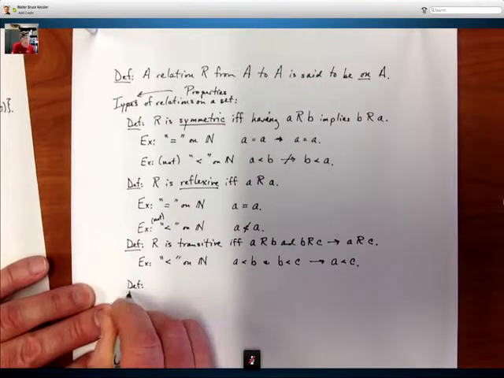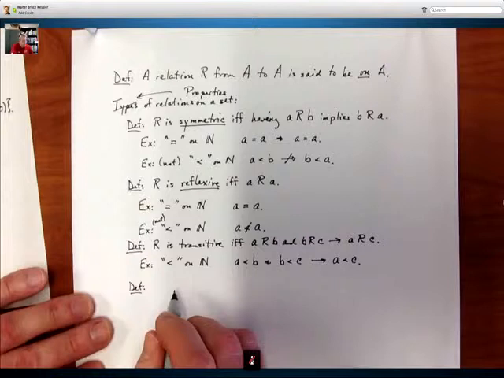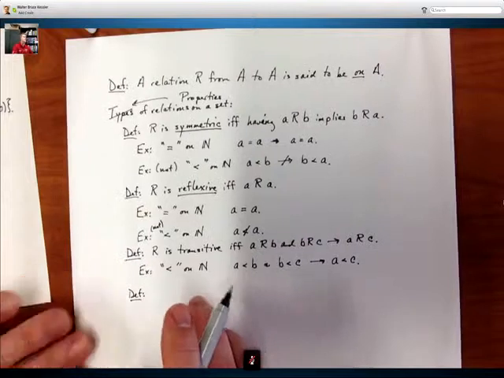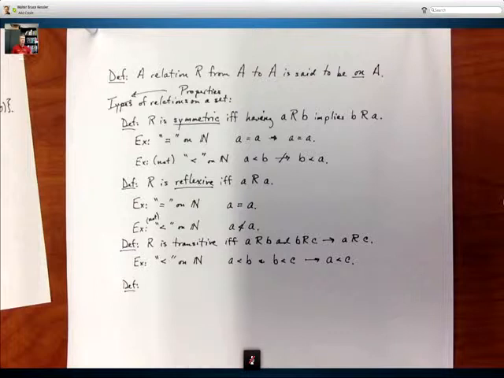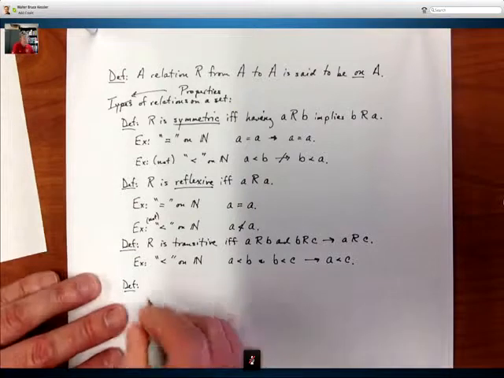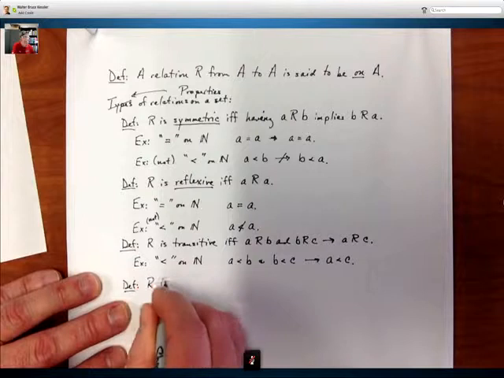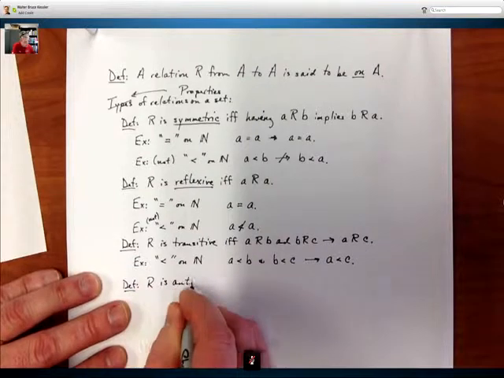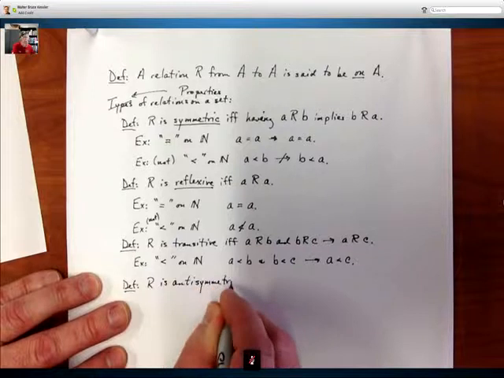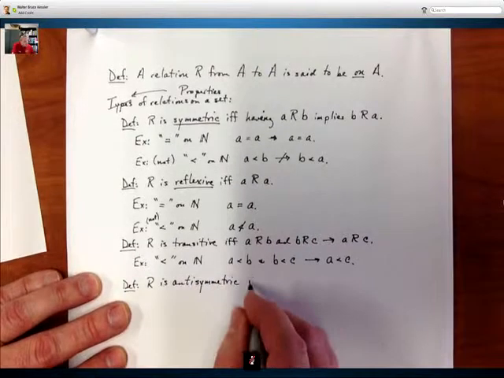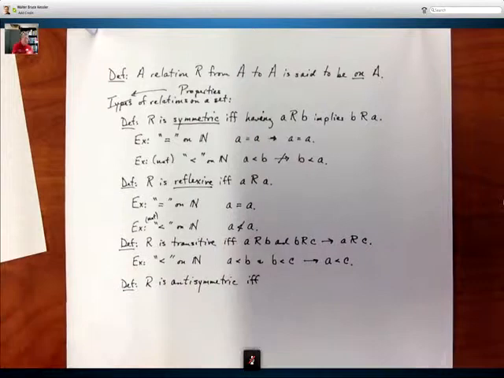Okay. And then this is kind of weird, because with rational we do something like irrational: we say it's not rational. I can't exactly say this with the next one, which is R is anti-symmetric.